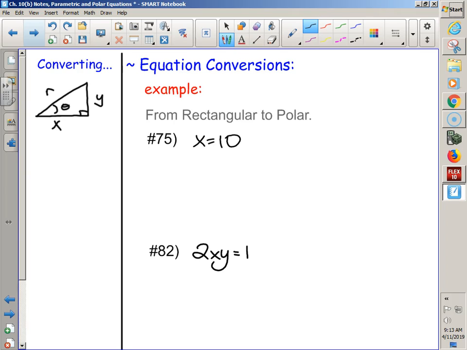Okay, if x equals 10, and I need to get the x out and polar stuff in. Who's allowed in? R's and thetas. If you knew the triangle, maybe you could say, how do I get r's and thetas from x? What would relate r with theta with x? What would relate hypotenuse with angle with adjacent?